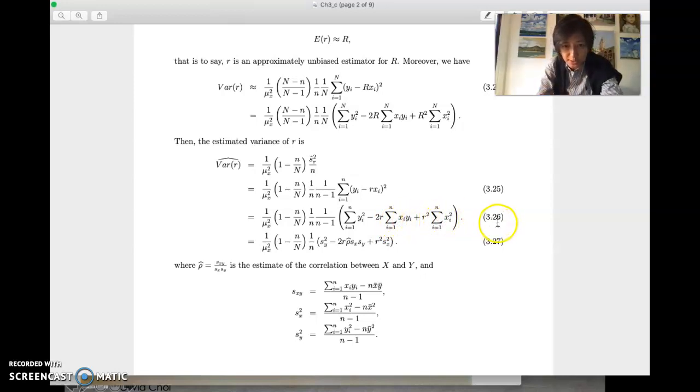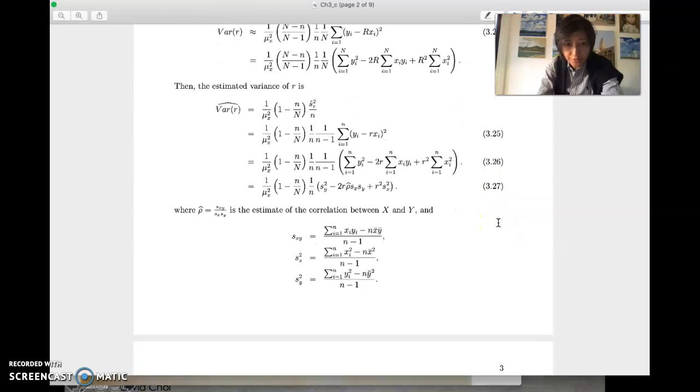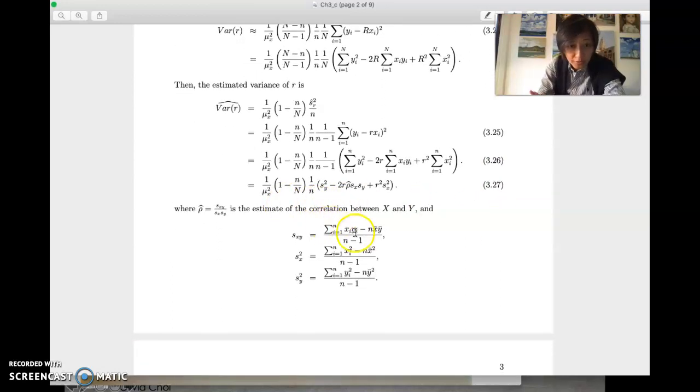This is equation 3.26. If you recall, the variance s y squared and s x squared, the covariance s xy, and the correlation formula rho equals s xy over s x s y, we can substitute everything into formula 3.26, and we have another expression, 3.27, for the calculation of the estimated variance of R.